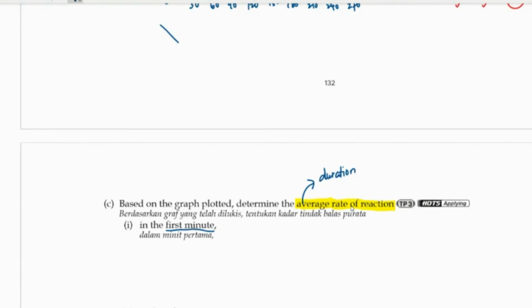First minute. So class, in the first minute, what is the time range? Next time we change to seconds. It is from how many seconds to how many seconds? Yes, from 0 seconds to 60 seconds. So this is for the first minute. Now how about the third minute?